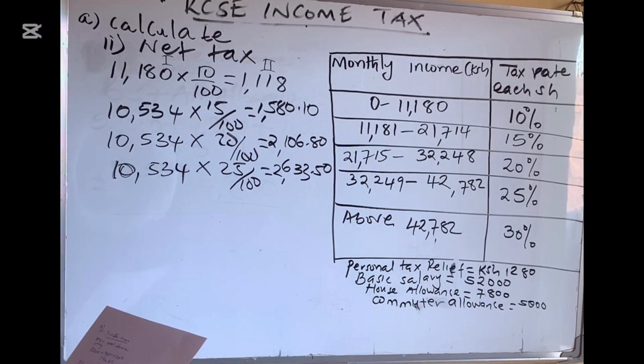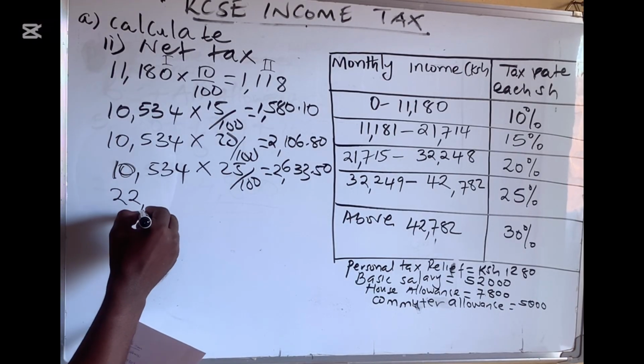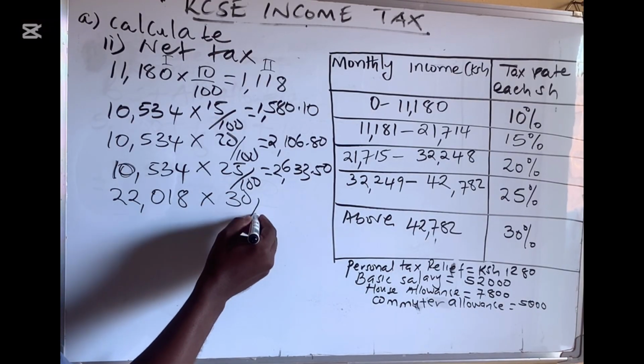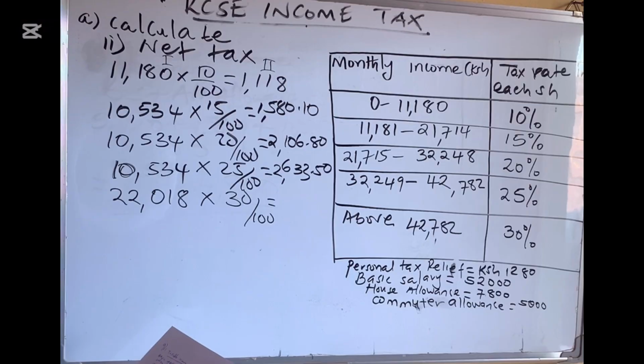The remaining amount goes to the last band where the rate is 30%. So the remaining amount is 22,018 shillings, and that goes to the last band where the tax rate is 30%.